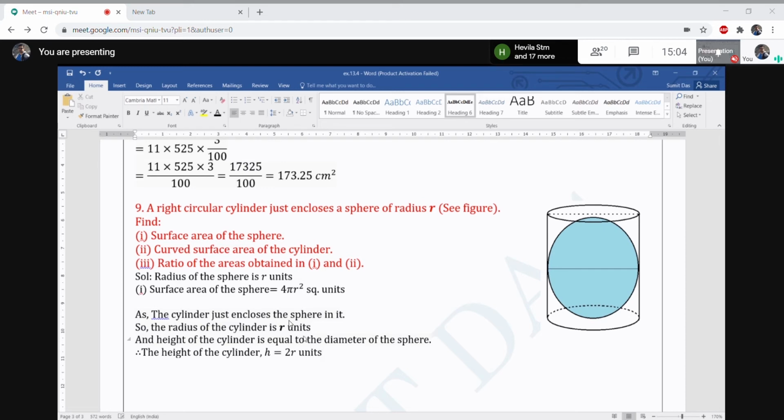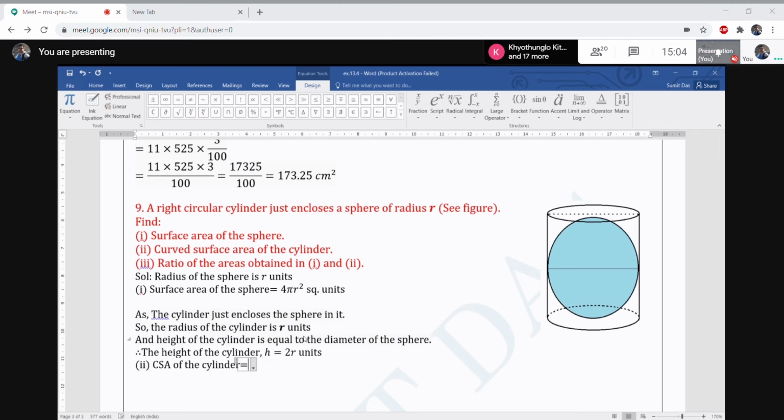Okay, so now we can find the curved surface area, CSA, of the cylinder. CSA of the cylinder is equal to, what is the CSA formula? 2 pi r h, right? Now put the value. I'll not put any value of pi, because later we have to compare something. So 2 pi r we know, and h value is 2r.